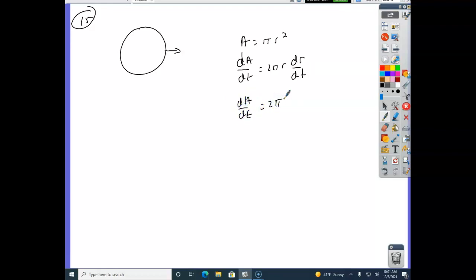What's the radius? You plug in 6, and 3 for the dr dt. So 36 pi. What are my units?